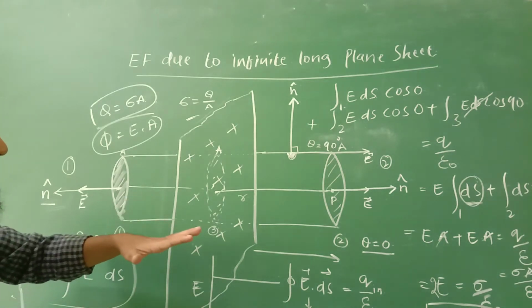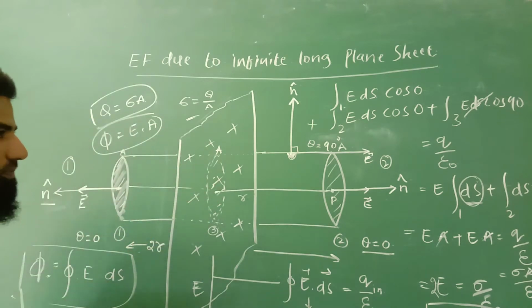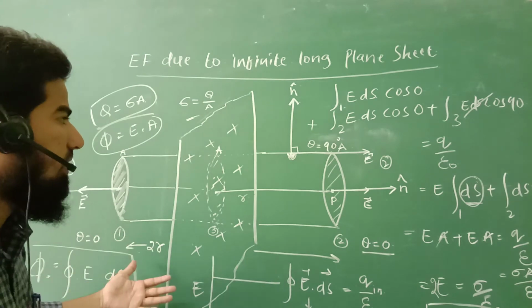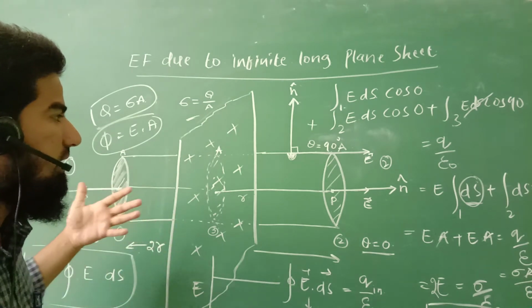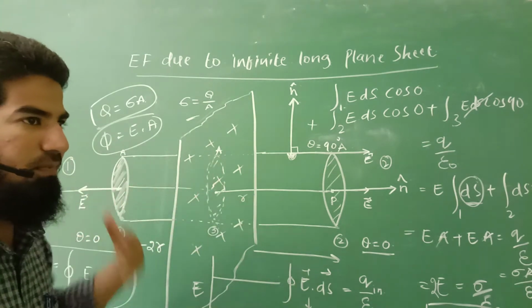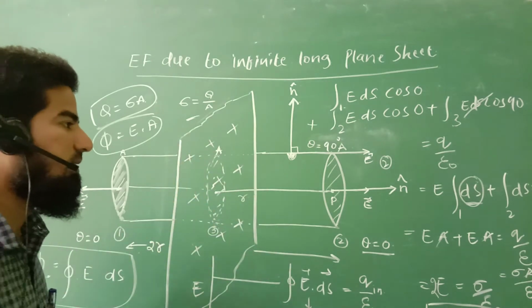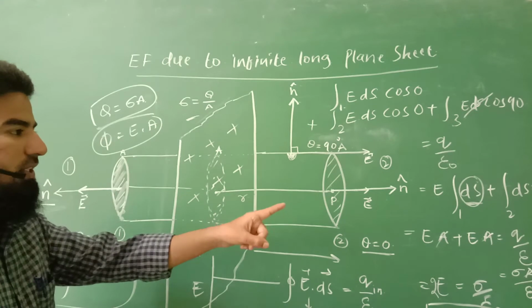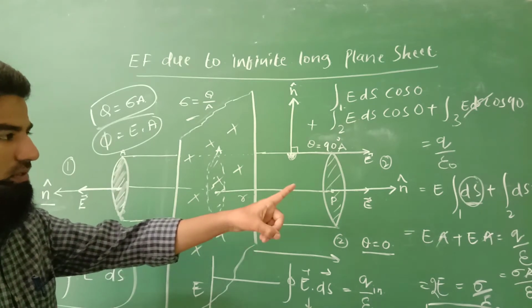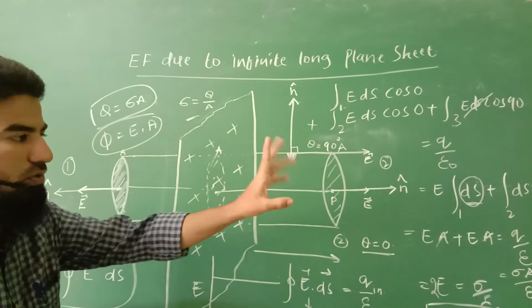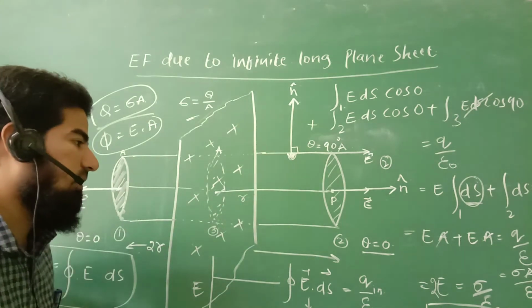For the first and second portions, EDS cos 0 plus EDS cos 0, we take E outside. E is common everywhere, as we have seen in the figure. So the integration of ds for the first portion plus the integration of ds for the second portion equals q by epsilon naught.